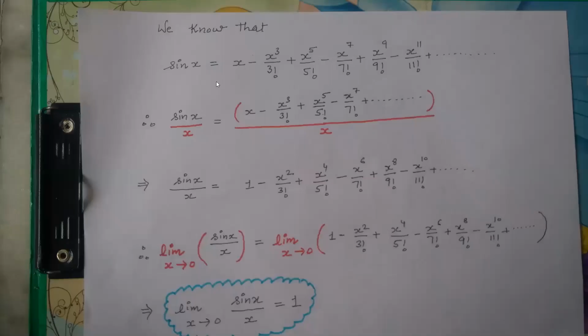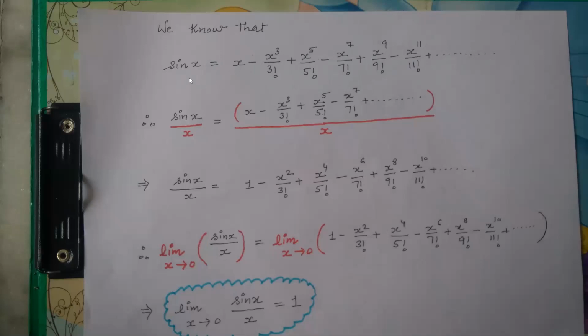Dear students, first of all, we know the expanded form of sine of x: x minus x raised to power 3 upon 3 factorial plus x raised to power 5 upon 5 factorial minus x raised to power 7 upon 7 factorial plus x raised to power 9 upon 9 factorial and so on.